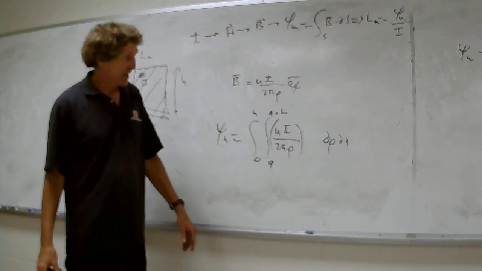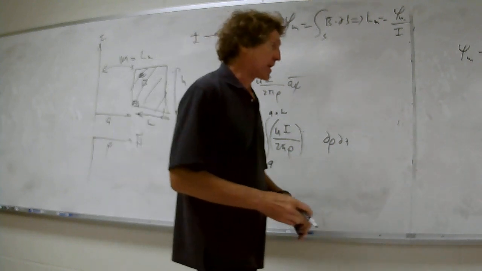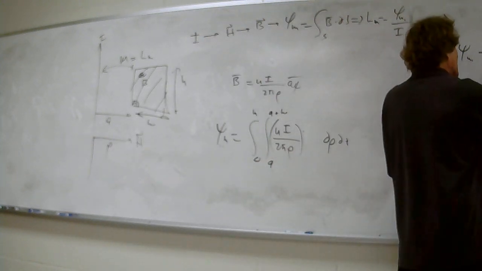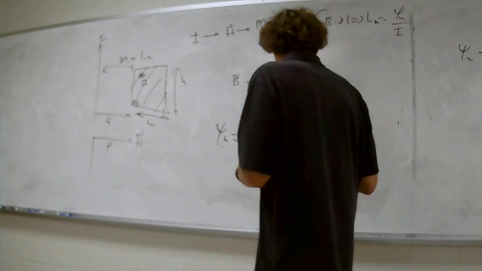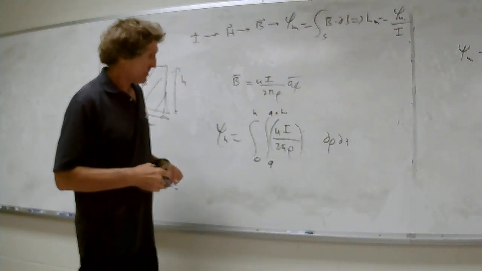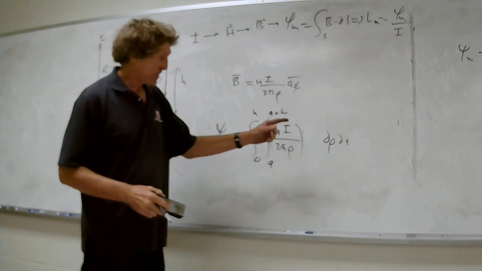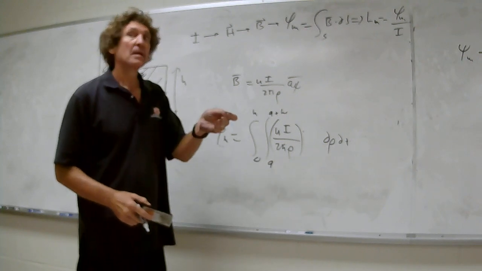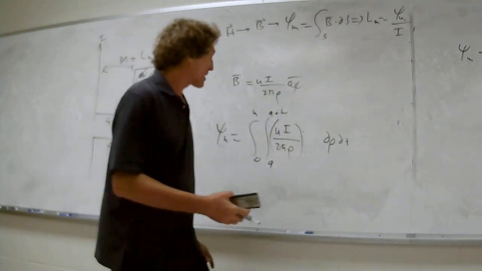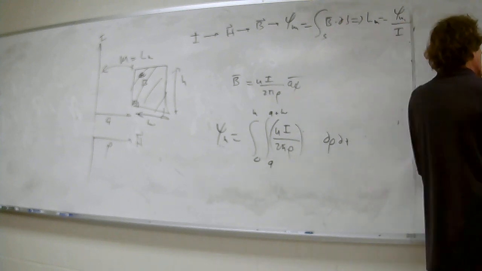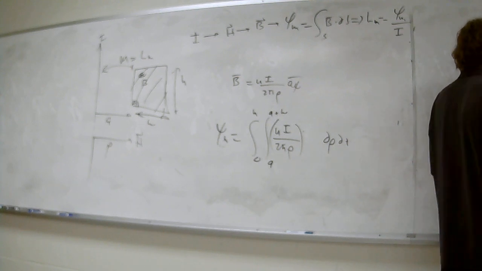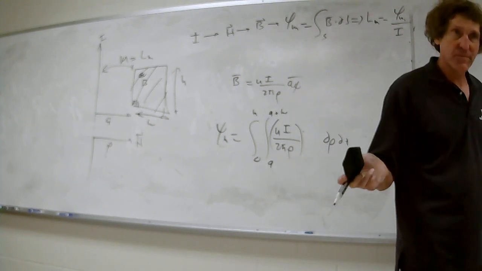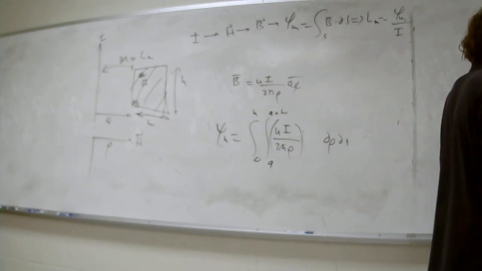I'm going to have a mu I over 2 pi, correct? Now, integrate d rho over rho. Natural log of A plus W over A. You can make that 1 plus W over A if you want, but it doesn't matter. It's the same value.